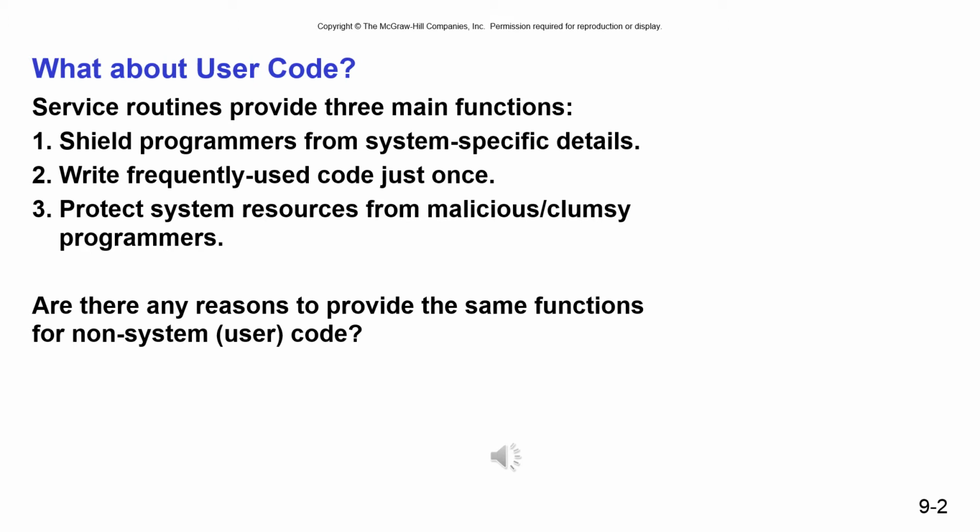And they protect system resources from unintended programmer mistakes or malicious programmer intents. So we have the same functionality for non-system code in the form of subroutines, which is the topic of this entire lecture.